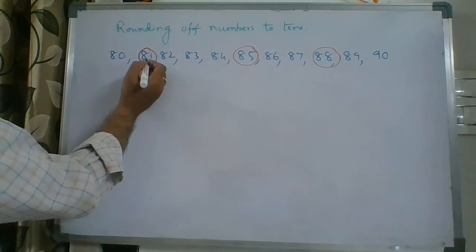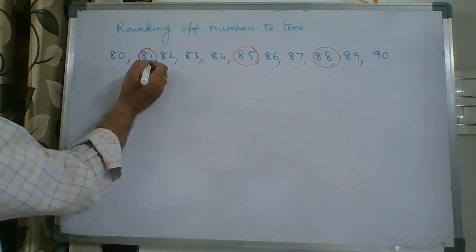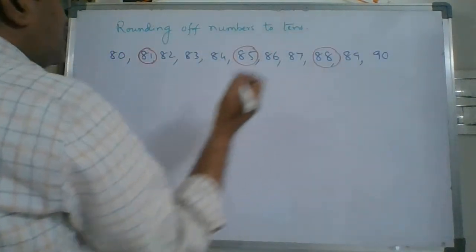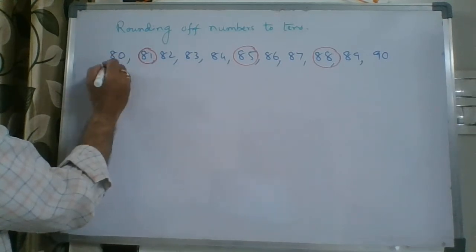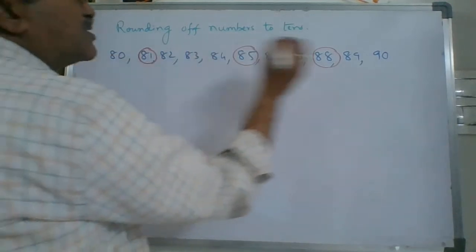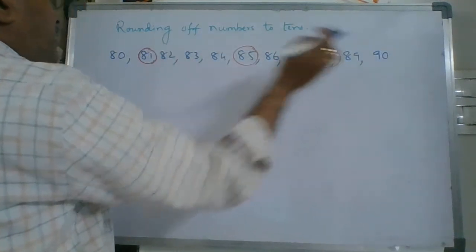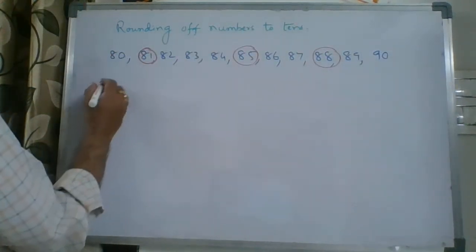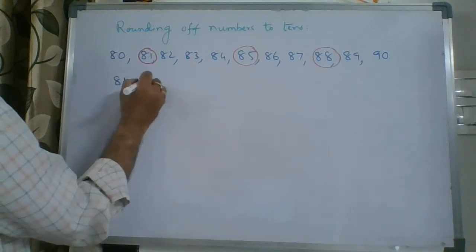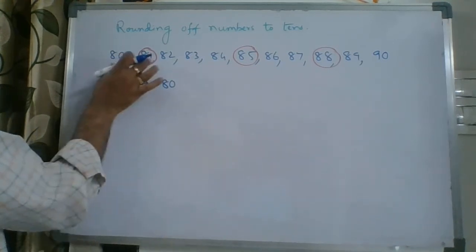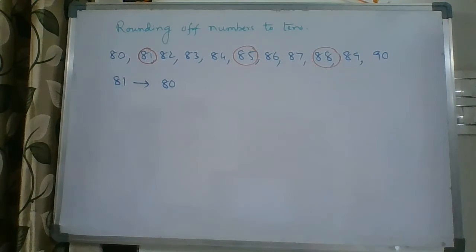Now, is 81 nearer to 80 or 90? We have to compare. The difference of these two is 1 and the difference of these two is 9. So this is very far away from 90 and this is very near to 80. Therefore we round off 81 to 80. So whichever it is nearer, we round off to that place.